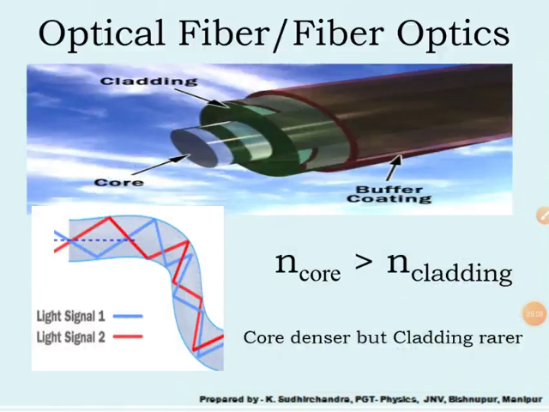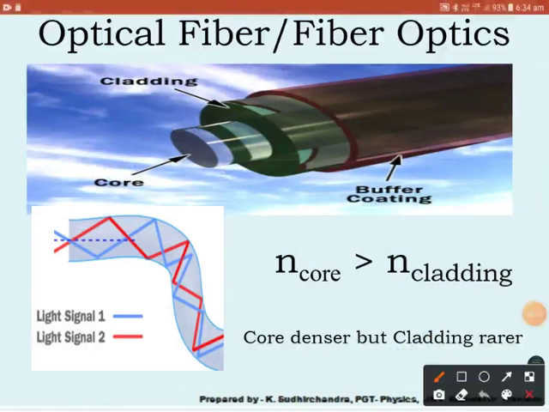Optical fiber, this is just a fiber. It may be made of glass, but it must be flexible. Got it? When you twist the optical fiber, whatever light has entered at one opening of the fiber will move back and forth like this, and in this path it will move to the other end.